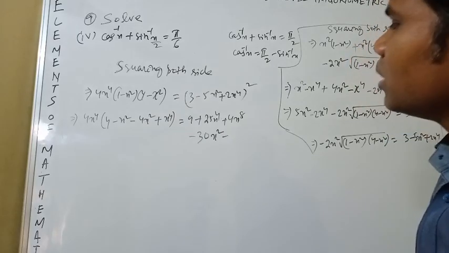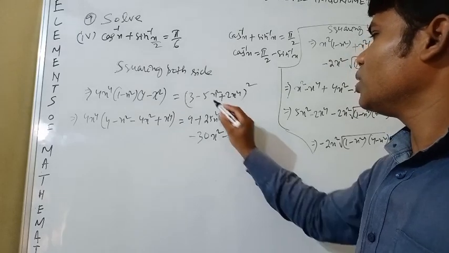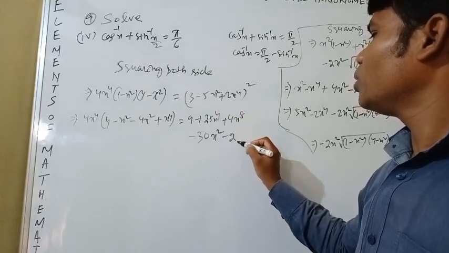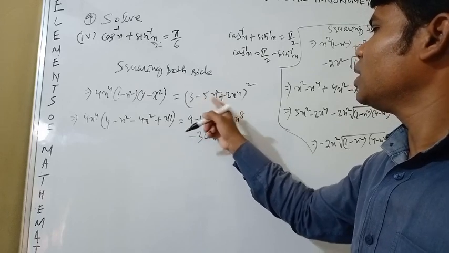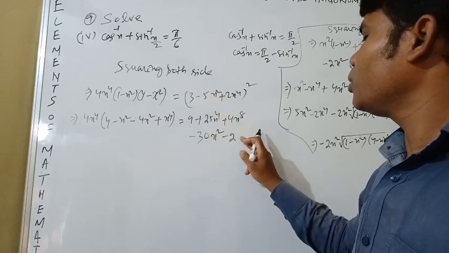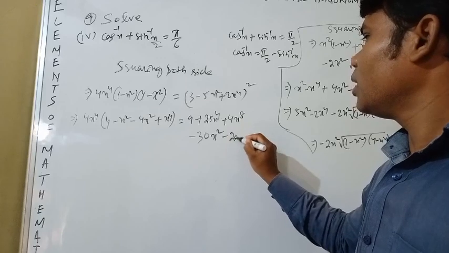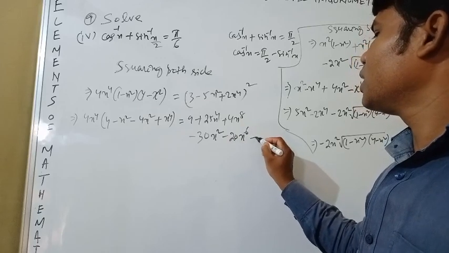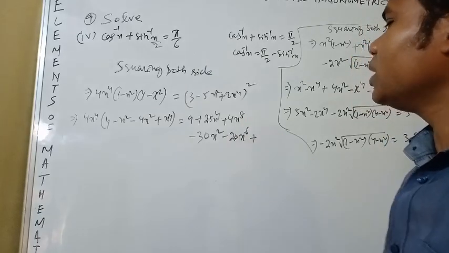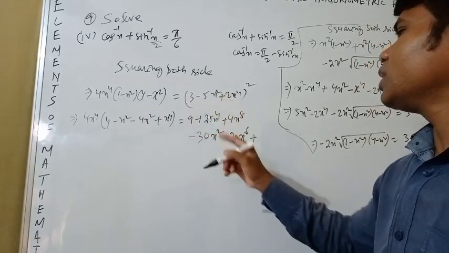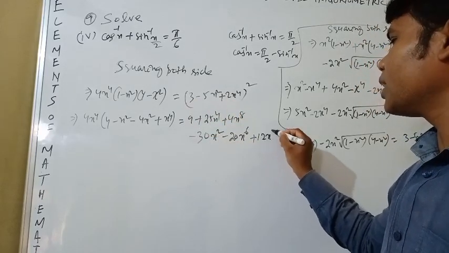Okay, then 2bc, minus 2bc, that is 5 into 10, 5 into 2, 10, 20 x^6, plus 2ca, 3 into 2, 6, into 2, 12 x^4.